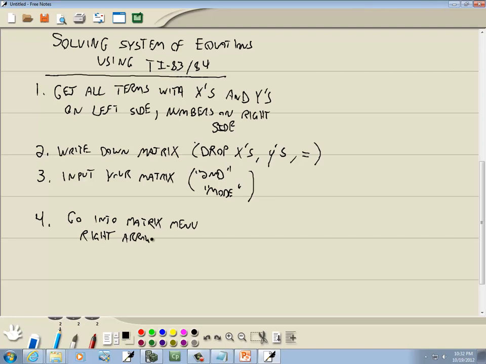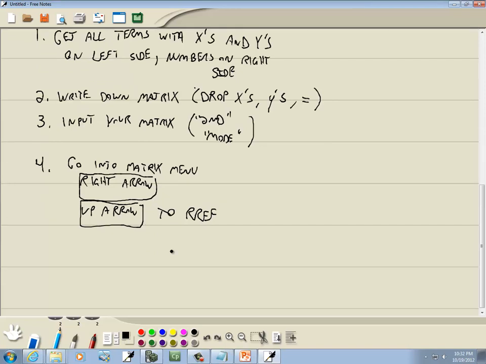We want to right arrow, and then we want to up arrow to RREF. Stands for reduced row echelon form. We want to enter.